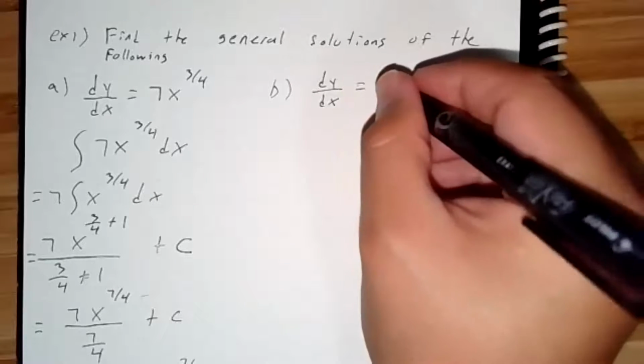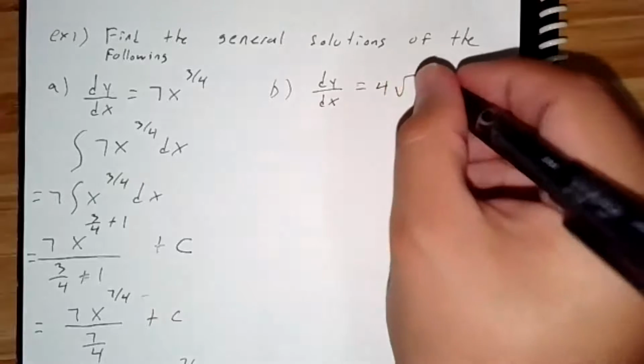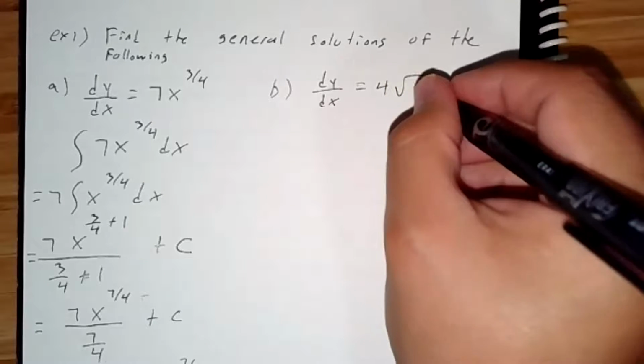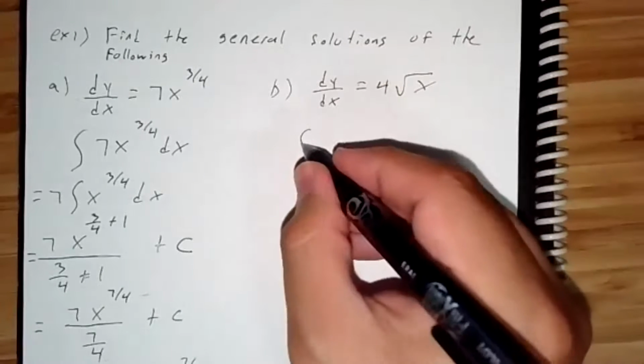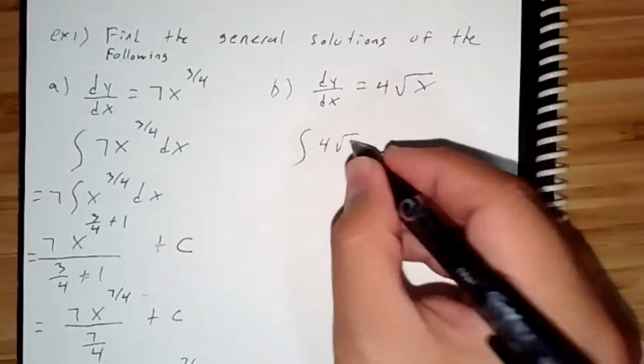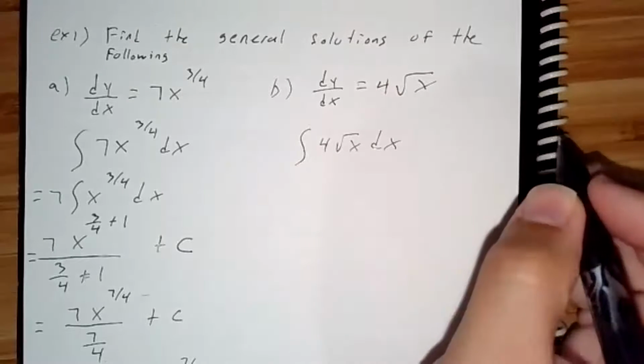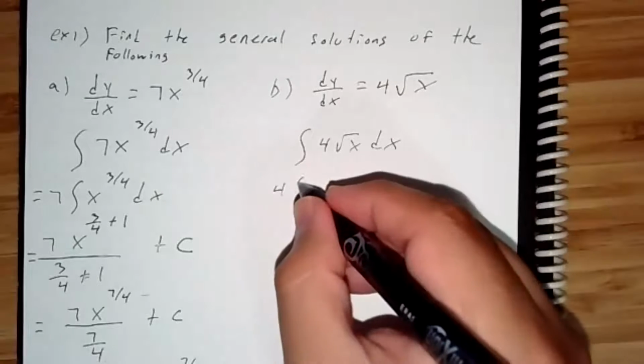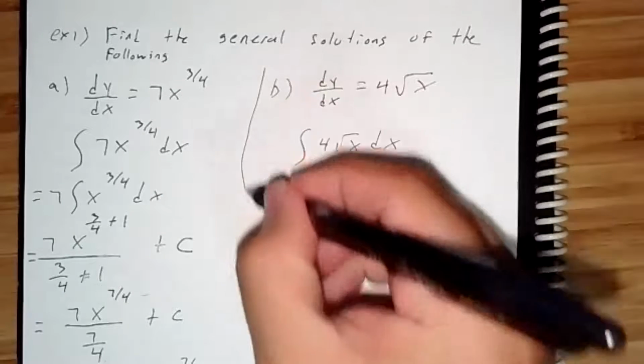Let's say you have 4 times square root of x. All right, so I need to integrate 4 square root x dx, right? I can pull the 4 out. I'm gonna try to separate this.